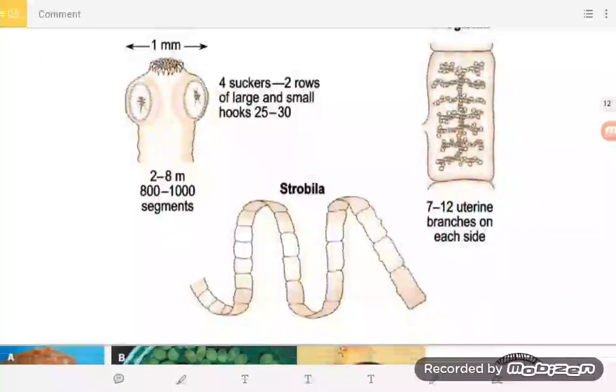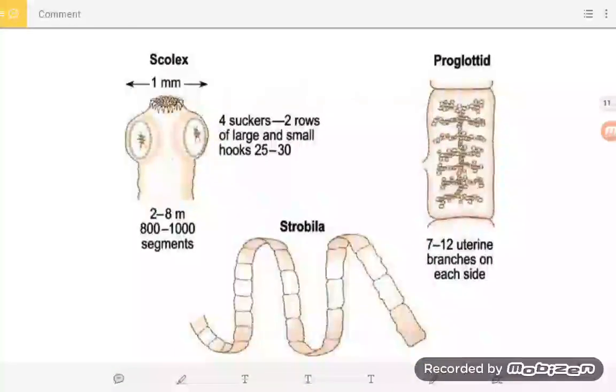When we consider Taenia solium, the width of the scolex is 1 millimeter, so you have to remember this.